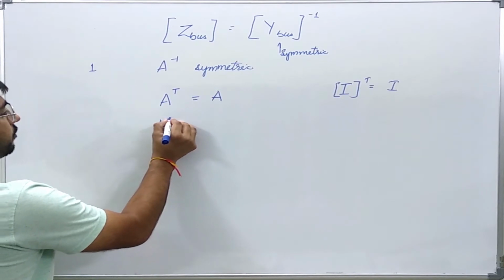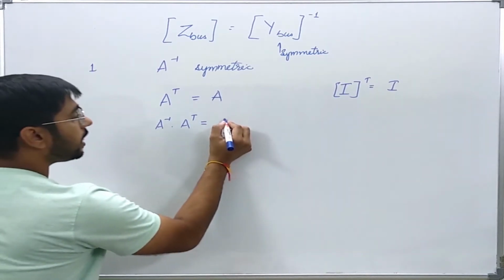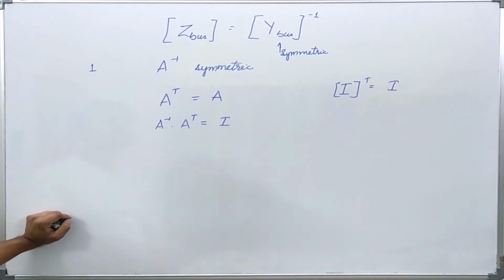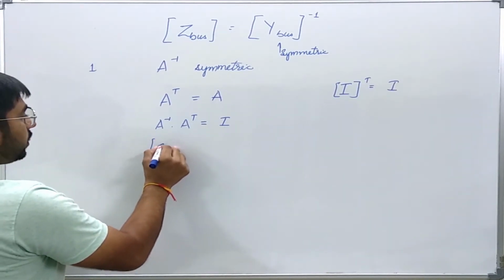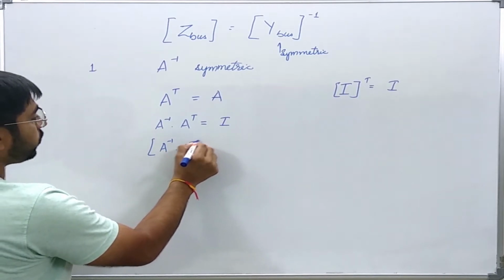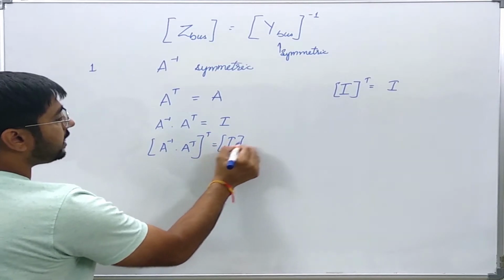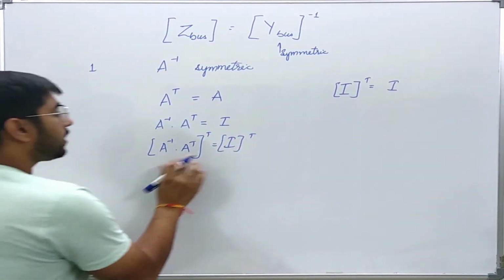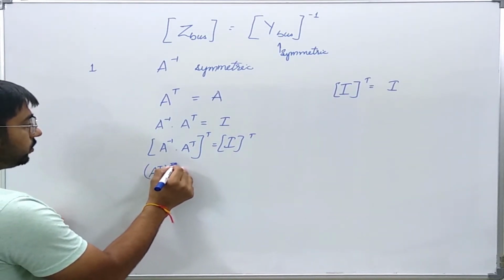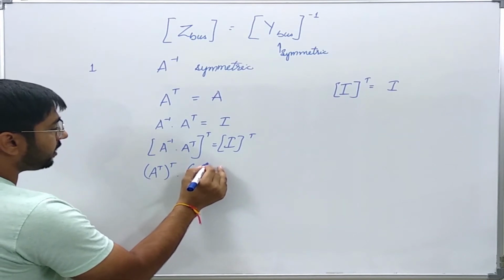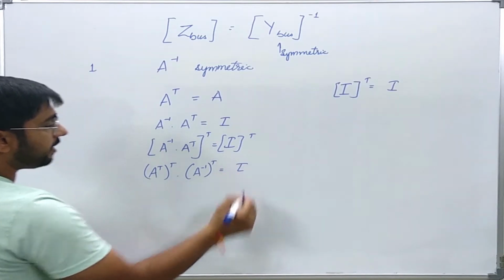Now A inverse into A transpose is equal to I. If I take the transpose of the whole thing, A inverse into A transpose, and take the transpose inside, I will have A transpose transpose and A inverse transpose, and as I already noted, the right side is just the unity matrix.